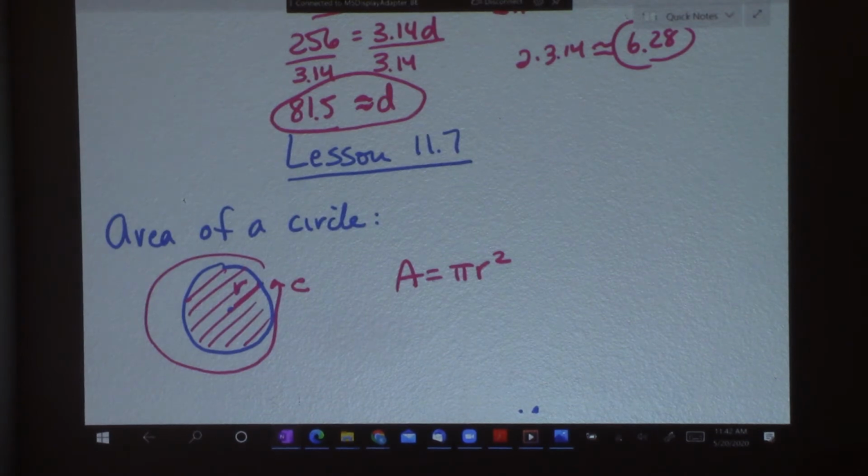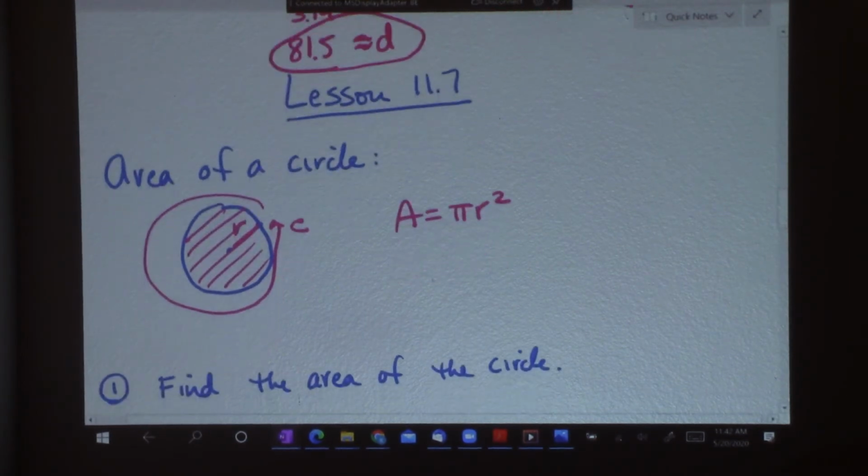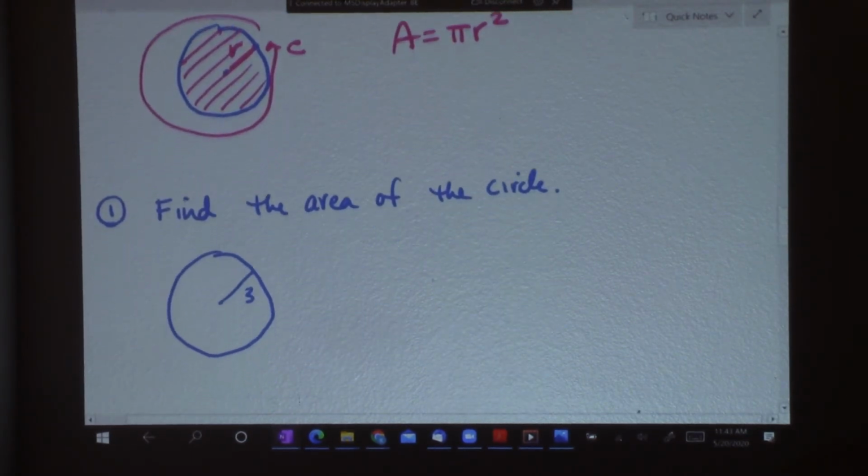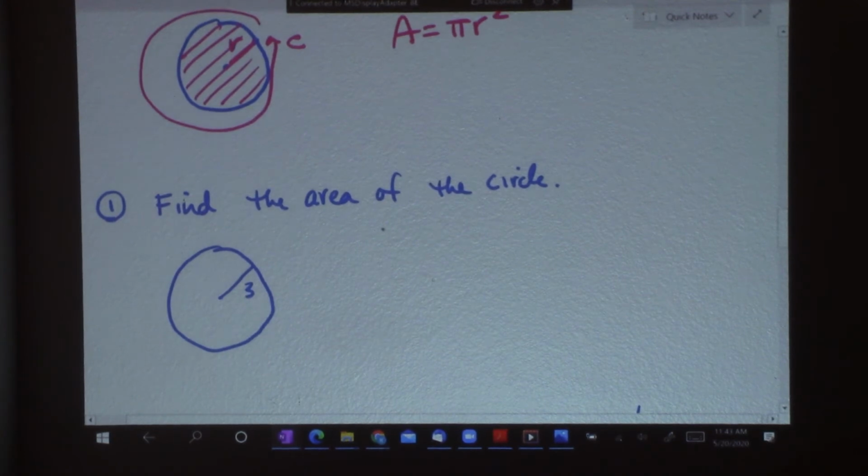Okay? So, let's do some problems using that formula. Find the area of the circle. So, I'm going to write my formula, pi r squared. And I have the 3 in the middle of the radius here, so I just substitute that. Now I have a power I have to deal with. It's not 3 times 2.